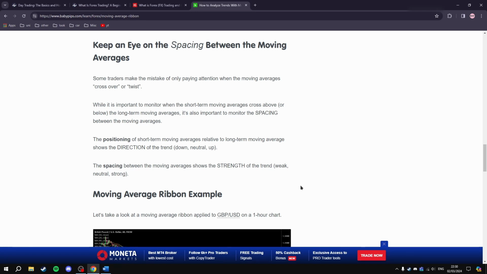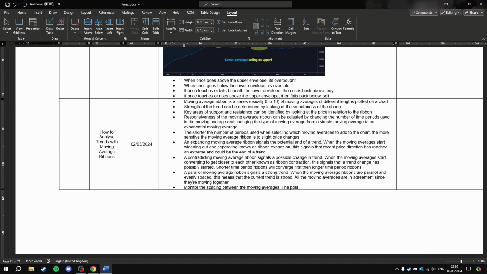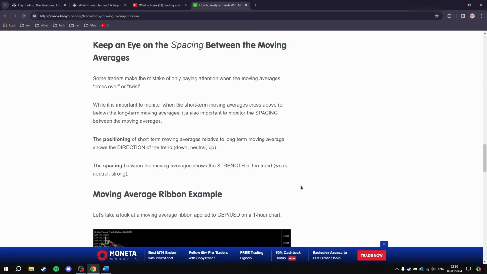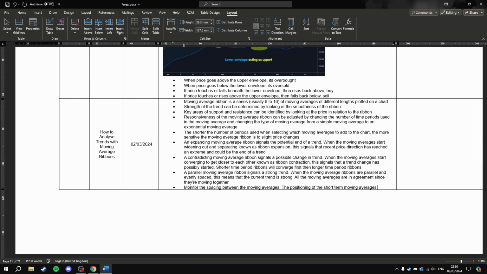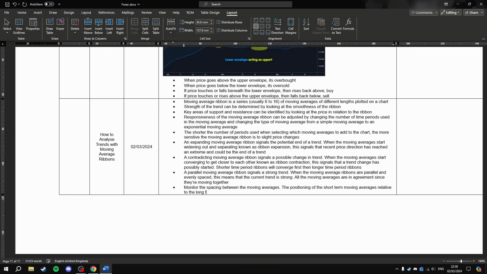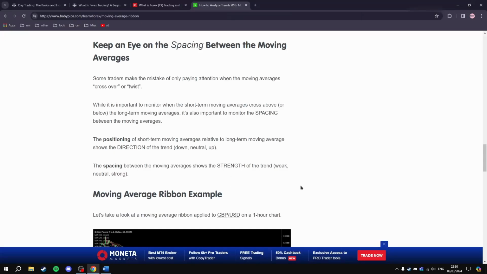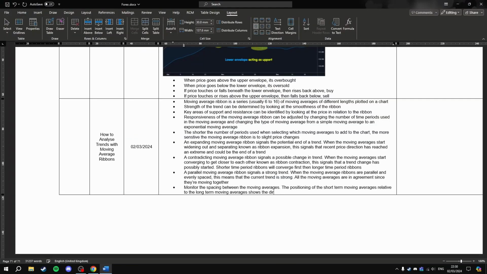The positioning of the short-term moving averages relative to the long-term moving averages shows the direction of the trend, e.g. up, down, sideways.